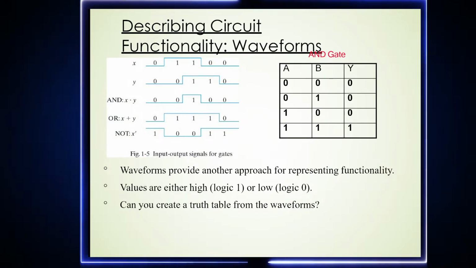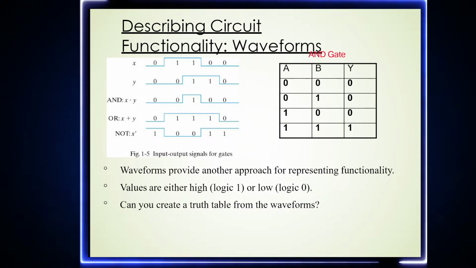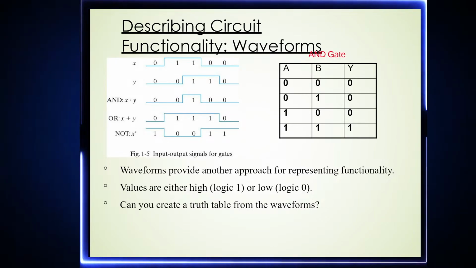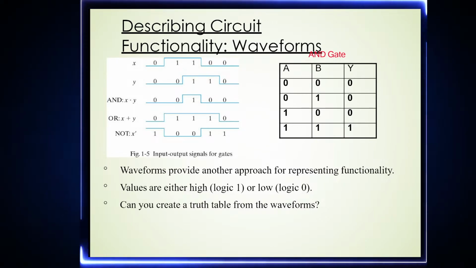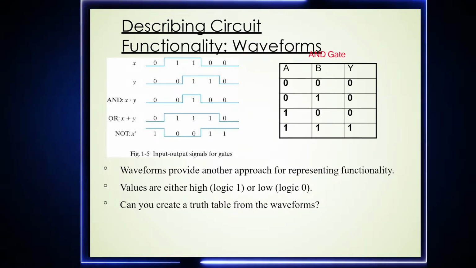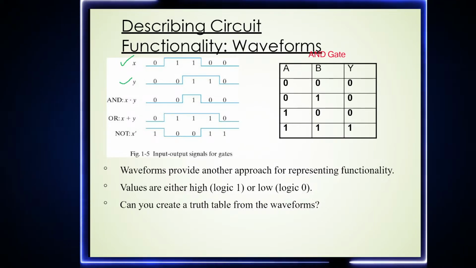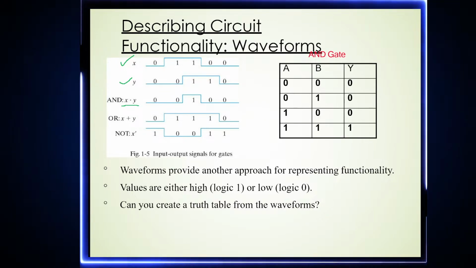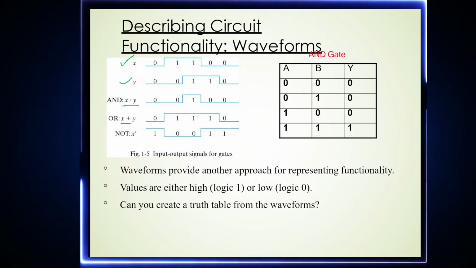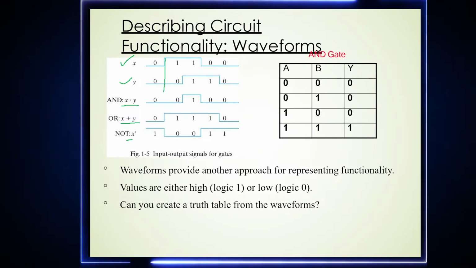Now let's move on to the different waveforms. This is the waveform representation of the gates that we have studied till now. This is the input X that we have considered, this is the second input Y, and over here are the waveforms of our first, second and third functions. Let's just consider the first bit.